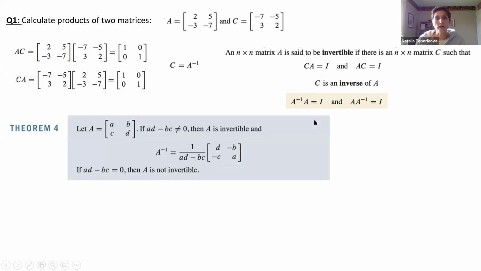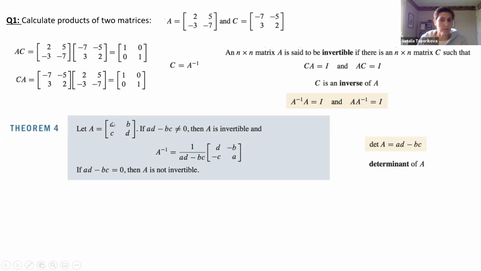Okay, so how can we actually find an inverse matrix? If we are in two-dimensional space, or if we have a 2 by 2 matrix, there is a really nice formula which helps us calculate the inverse matrix if it exists. If we have a 2 by 2 matrix, we can denote the elements of this matrix A, B, C, and D. And we calculate the very important property of this matrix called the determinant.